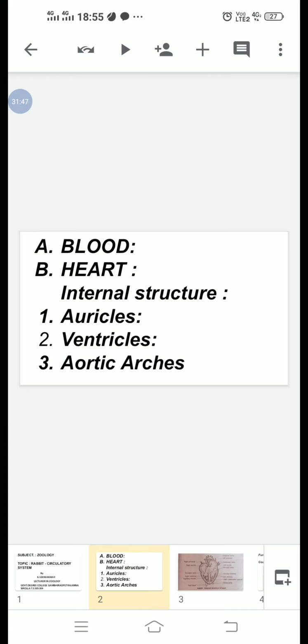Each arch has at its base three pocket-shaped semilunar valves to prevent the backflow of blood from the arch into the ventricle. A fibrous strand known as the ligamentum arteriosum is present at the point of contact of the systemic arch and the pulmonary arch. It is a remnant of the ductus Botalli, which connects the systemic and pulmonary arches in the embryonic stage.